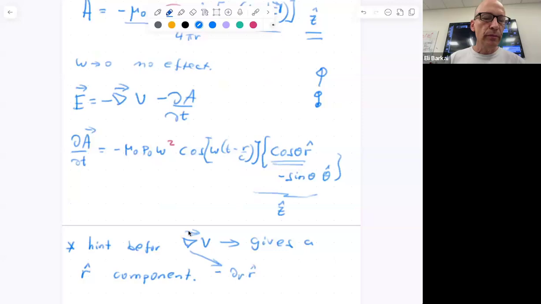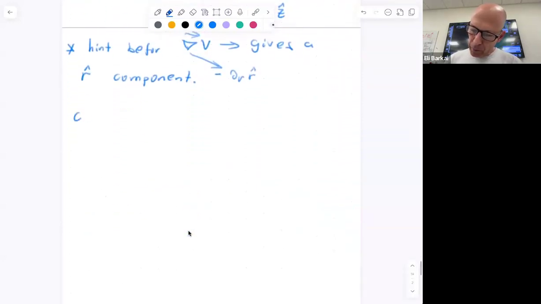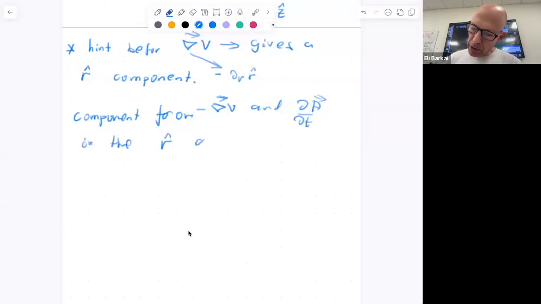And what happens to them? They vanish. So components from div V and dA dt in the r direction cancel out.